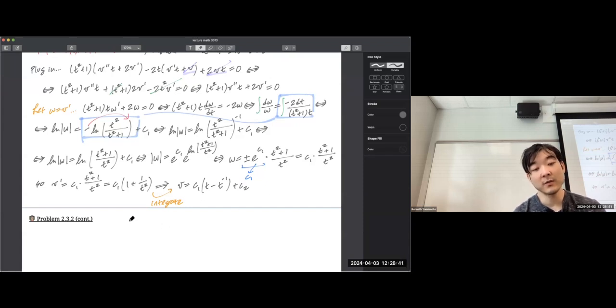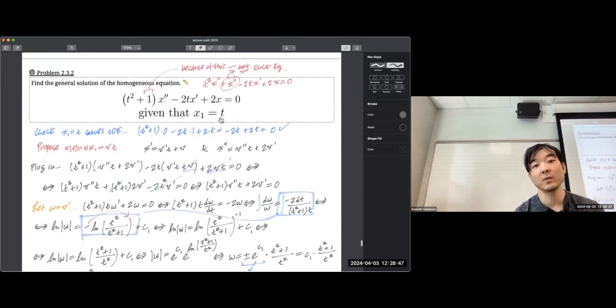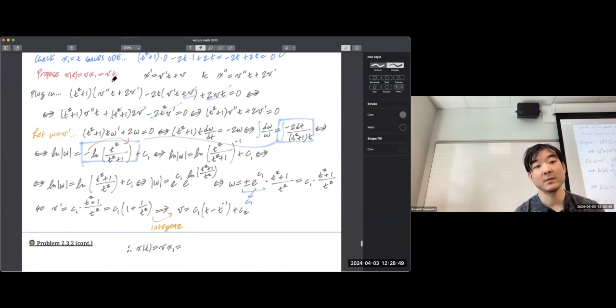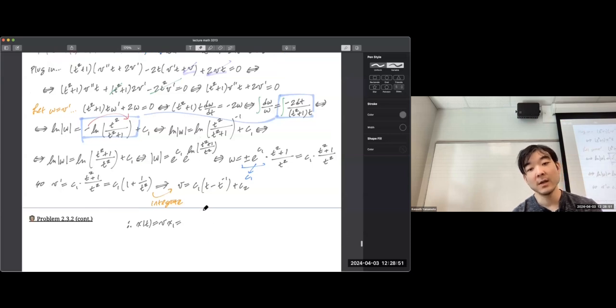So your full solution is going to be x of t, built off of this v times your x1. x1 was t, this red stuff right here. So it's going to be exactly this v, the whole thing, times x1, which is t.